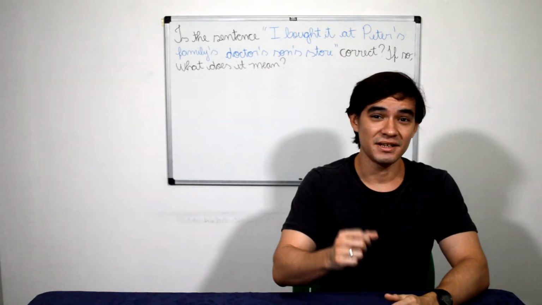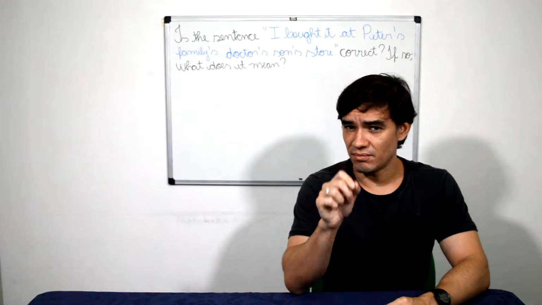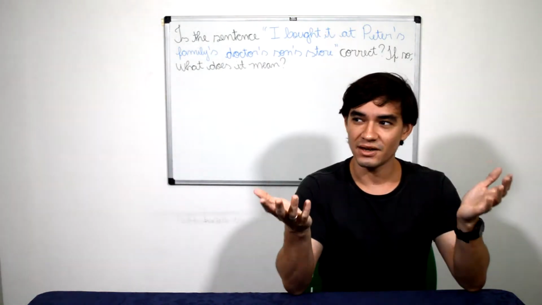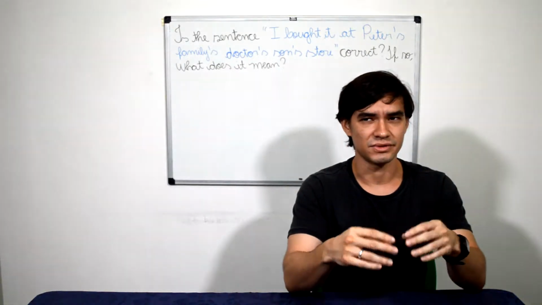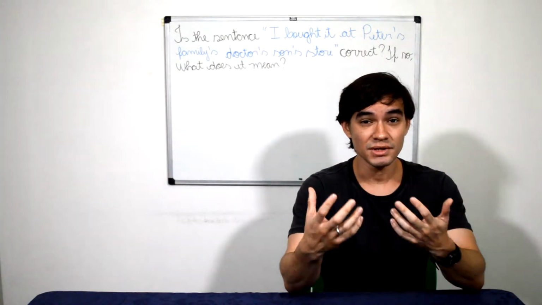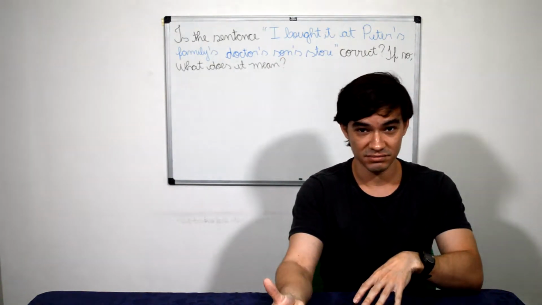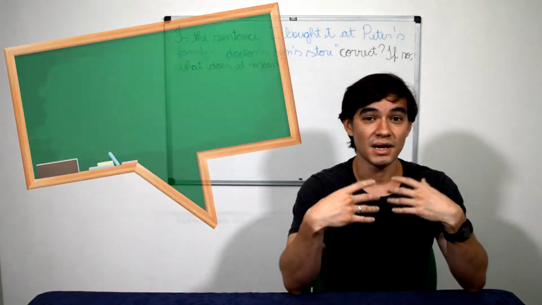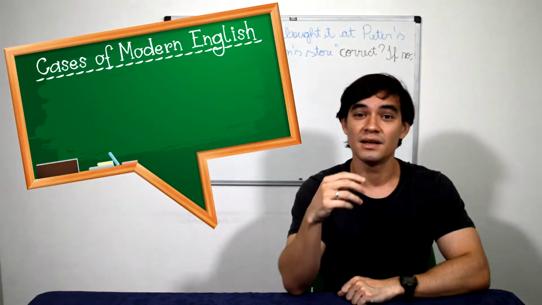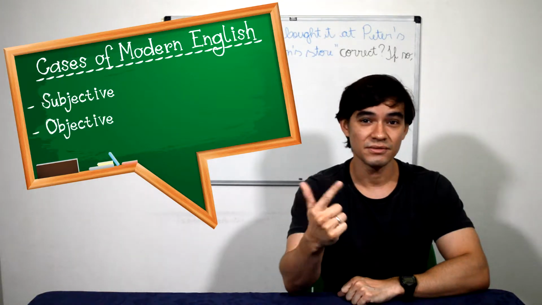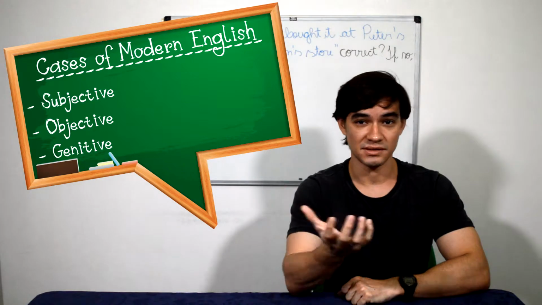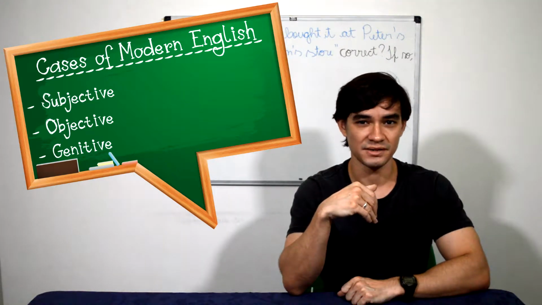Old English had these 5 cases, but modern English is very different from Old English. And thank God, because Old English was much more complicated. You can imagine, since it was much more like the modern German. Nowadays, many grammarians say that English has only 3 cases: the subjective, the objective, and the genitive. The subjective encompasses the old nominative case.